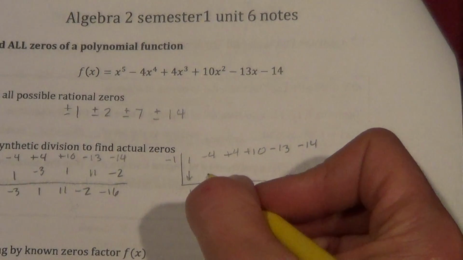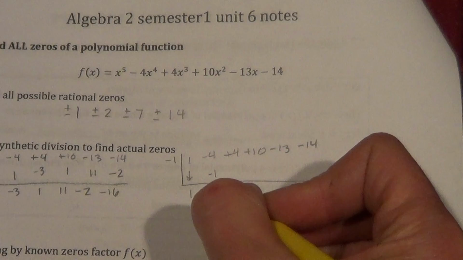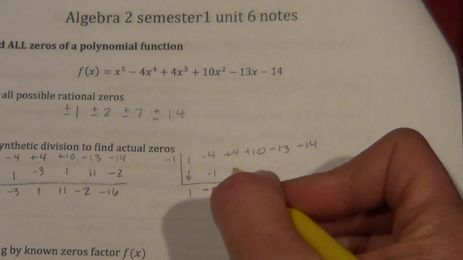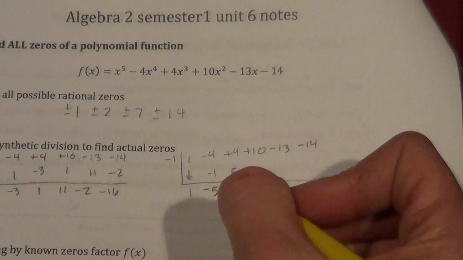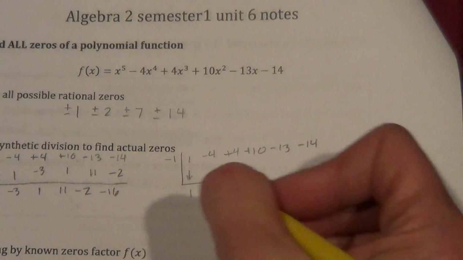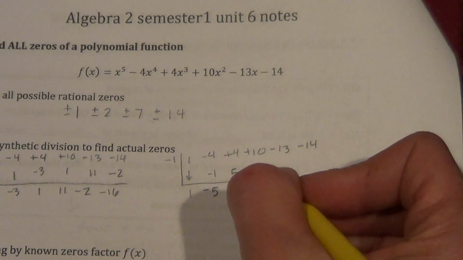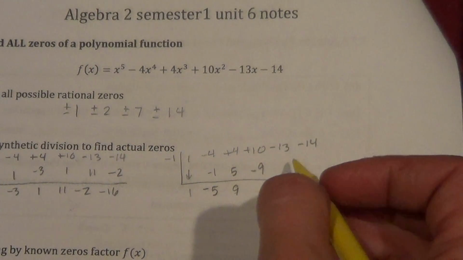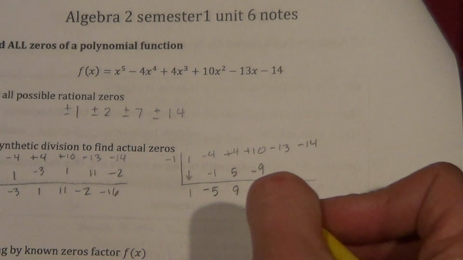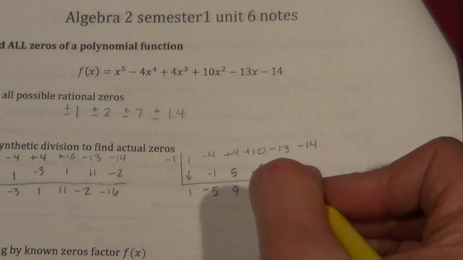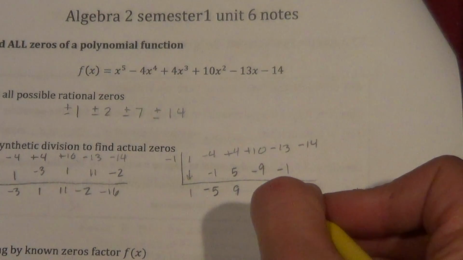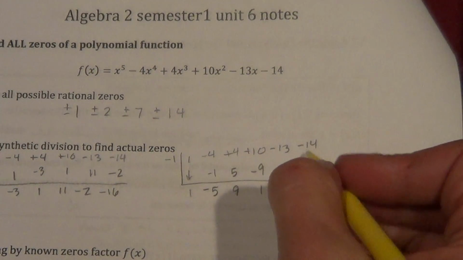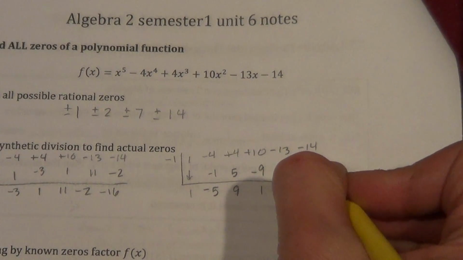Okay, so we bring down the 1. 1 times -1 is -1. -1 and -4 is -5. -1 times -5 is +5. 4 plus 5 is 9. -1 times 9 is -9. -9 from 10 is 1. 1 times -1 is -1. -13 and -1 is -14. -1 times -14 is +14.